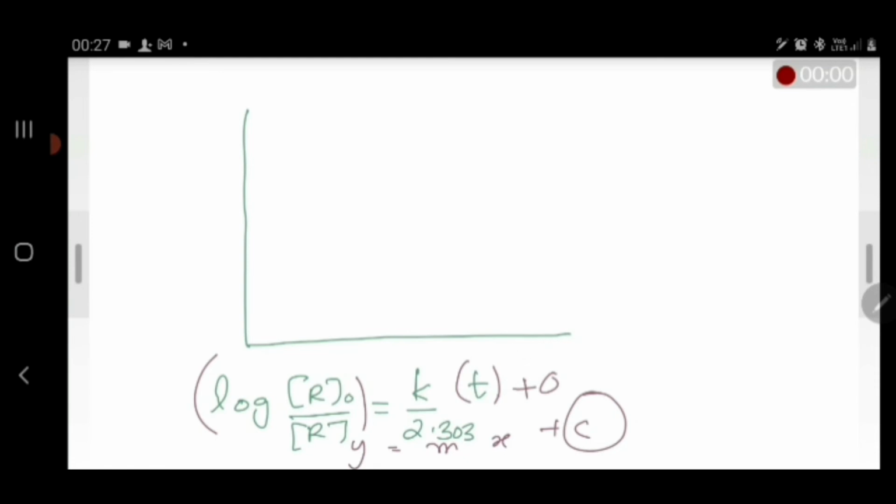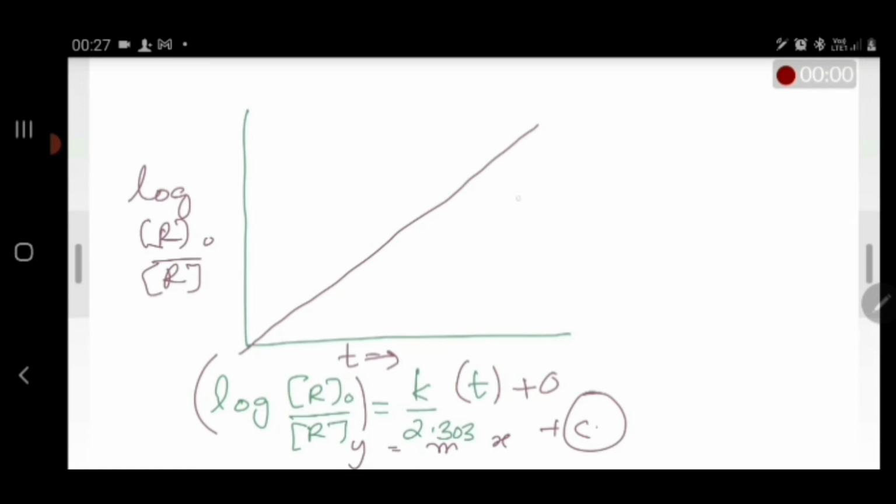With respect to the previous equation, you have got a negative slope. Here the intercept is 0 with the positive slope, and along this axis it is t, and this axis it is log R naught divided by R, and the slope of the curve could be considered as k by 2.303.